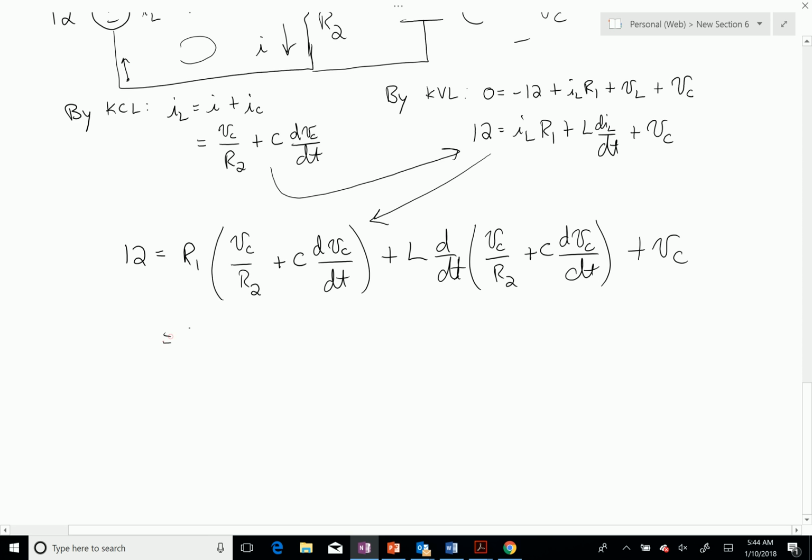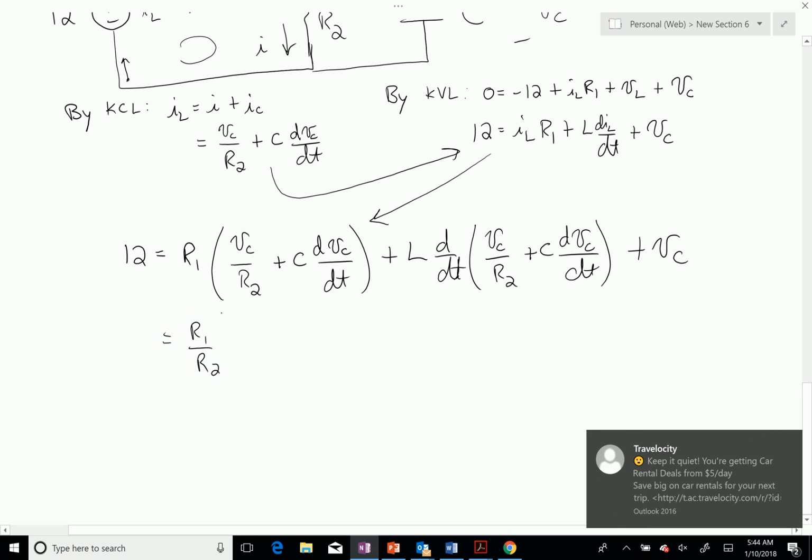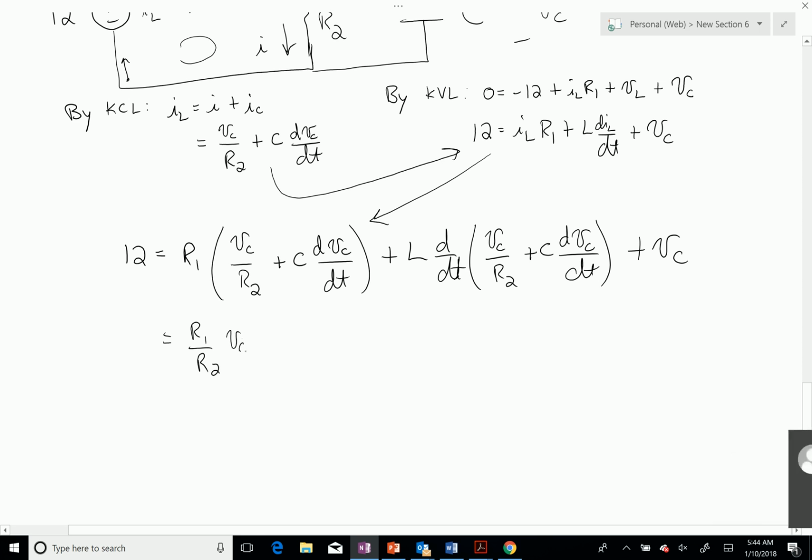So R1 over R2, I'm going to simplify that a little bit here. So VC plus R1C dVC dt, plus L over R dVC dt, plus LC.